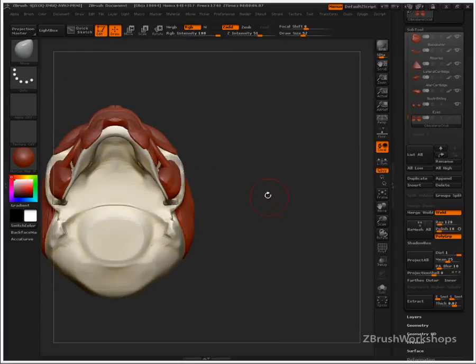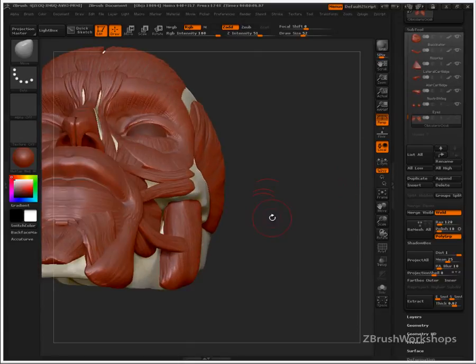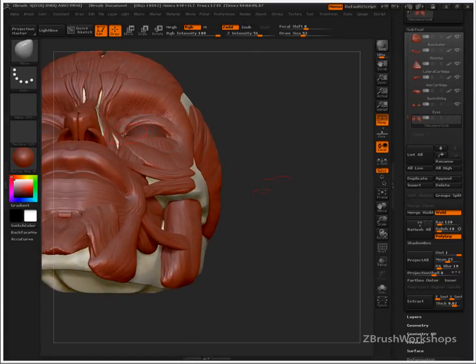And from below, with perspective on, we should have a nice clean wraparound for that eye. That's a good position. It might seem like a lot of space in between here, but that's a pretty solid wraparound that we have right now.